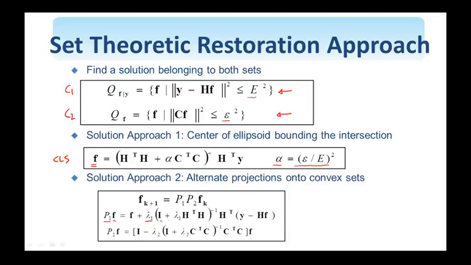And lambda 1 here needs to be chosen appropriately so that P1f belongs to set C1, or in other words, P1f satisfies this first expression. This is the projection onto the second set, the set of smooth images, and similarly lambda 2 needs to be chosen appropriately so that P2f belongs to the second set. So I keep alternating the projection onto these two sets, and I'm going to converge to a point in their intersection.